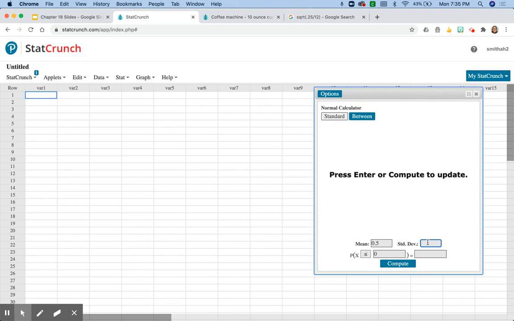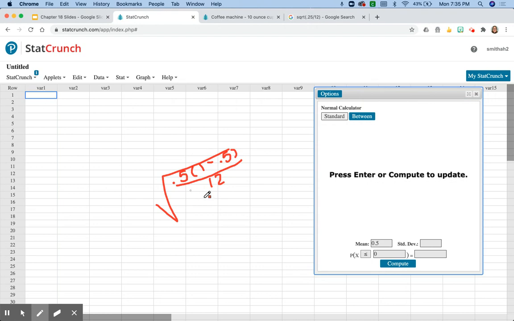In this case, I assume that p is 0.5. So for this, I would have to do 0.5 times 1 minus 0.5. And then for the sample size, she was looking at 12 t-shirts. So n would be 12.